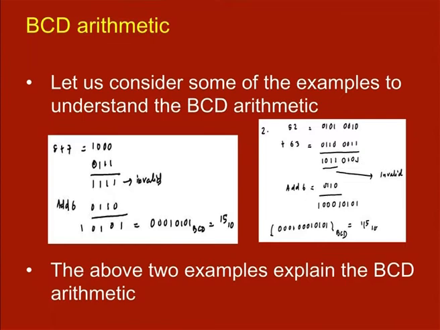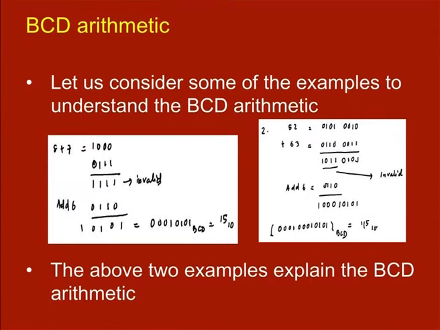So, we want to add 8 plus 7, and the corresponding binary representations are 1000 and 0111. Now, if we take the sum of these two numbers, it gives rise to 1111, which is invalid because it is exceeding 1001.